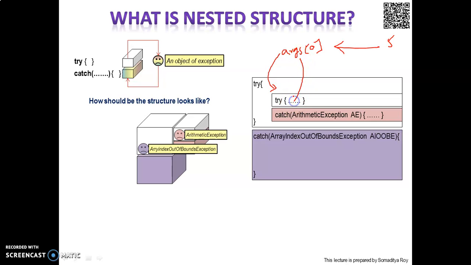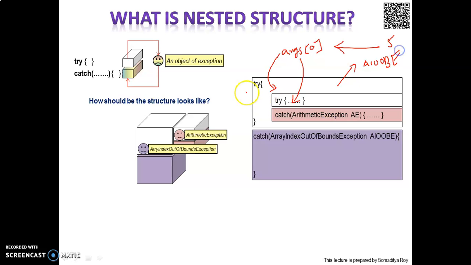And even if we put this args[0] in the inner try block, the exception is still unhandled, because this try block has only one catch block and that is able to handle only arithmetic exception, not any other type of exception. So if we put this particular instruction outside that inner try block or inside it, in both cases we have an array index out of bound exception.